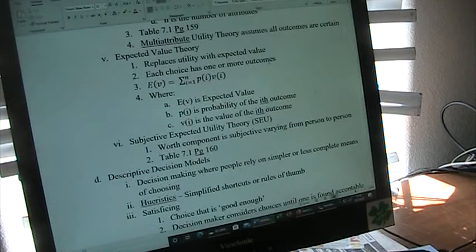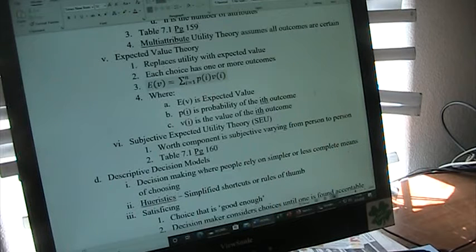For example, if we were talking about the lottery, I'm playing Powerball. That means I can win if I match 3 numbers, or if I match 4 numbers, if I match 5, or if I match all the numbers.